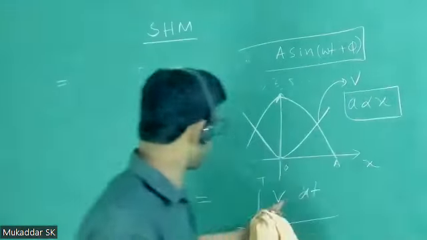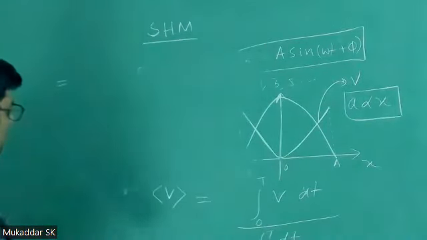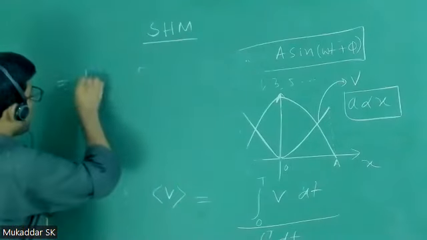So if you now substitute that V here, you'll have a half m.